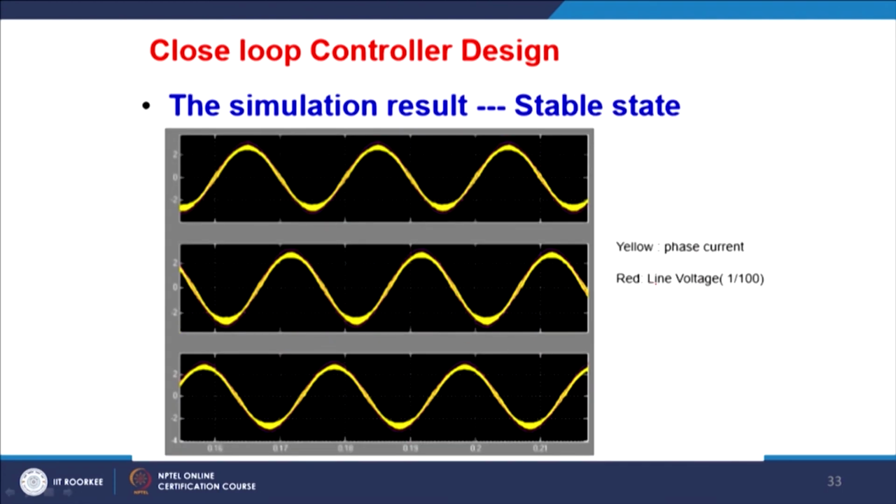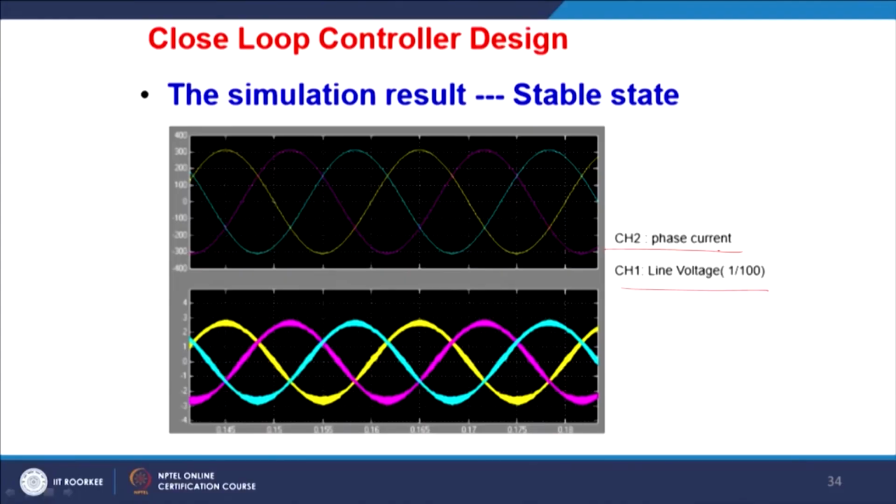This is the yellow one, and you can see clearly that because of the switching there is a ripple. This one is a phase current, and with that there is a small red or pink line. This is a voltage which has been scaled down by 100 times to show on the same scale. So, this will be your voltage and they are in the same phase, that is what we have simulated.